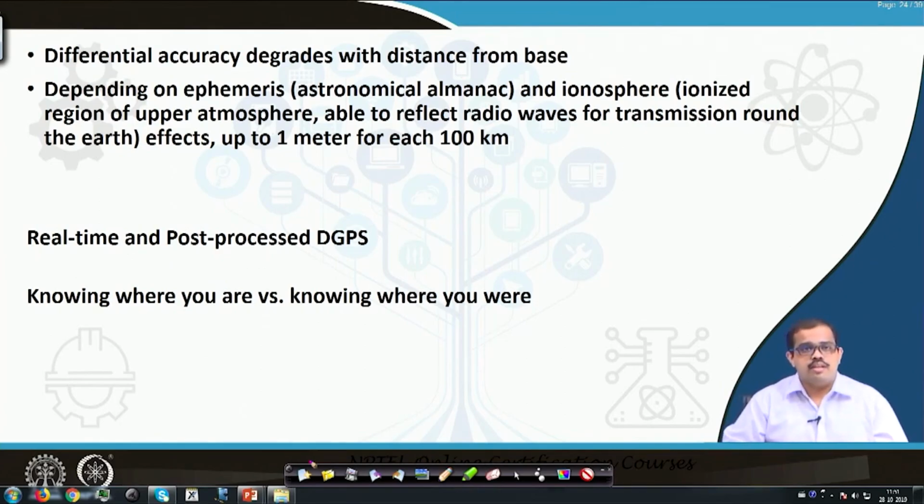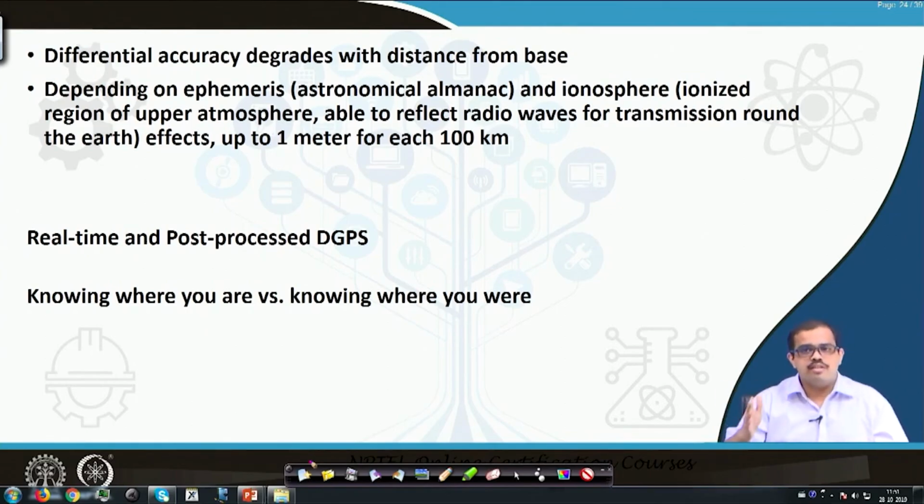Most importantly, you have to understand whether real time differential GPS signals are important or post processed differential GPS. Real time differential GPS gives you real time information about where you are moving. The post processed information is the corrected signals, processed and kept in certain stations, which is then communicated to you when you are moving through your satellite geometry.